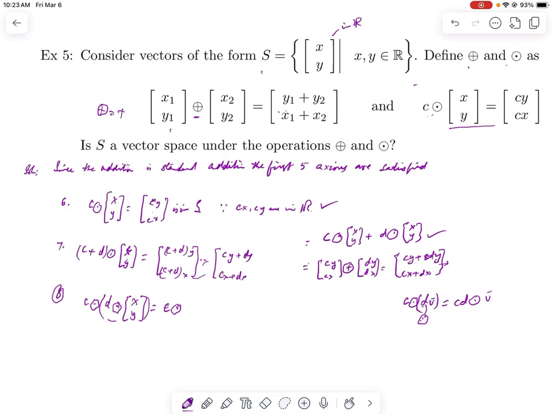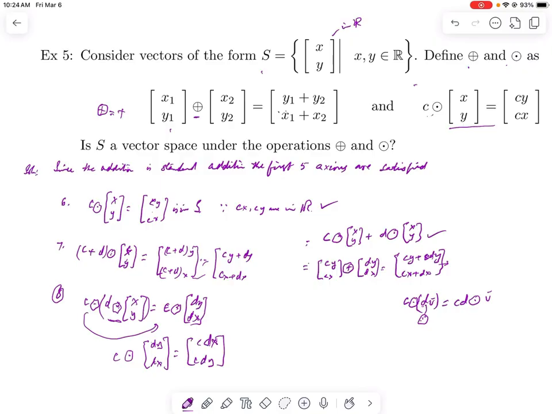Now the multiplication by d gives us dy and dx. And when I multiply with c, can you see it will be reversed? So this is what we have.